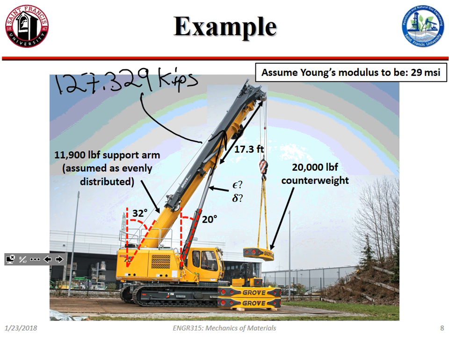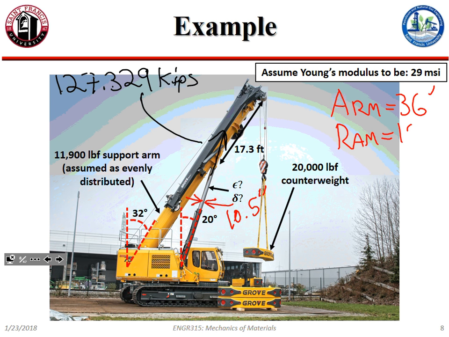If we assume that everything's the same material, and that the diameter of this ram is 10.5 inches, and that this ram is half the length of the arm, and the arm is 36 feet long, so that means that the ram is 18 by corollary.